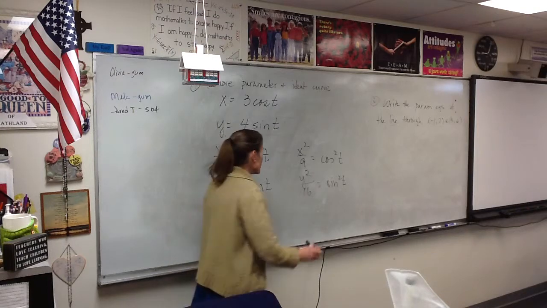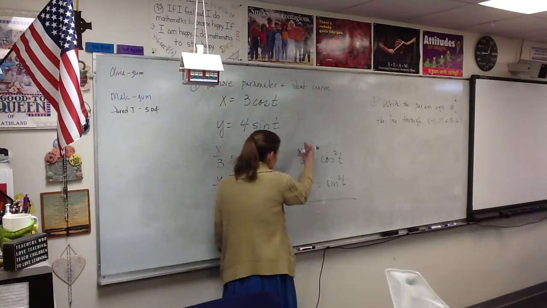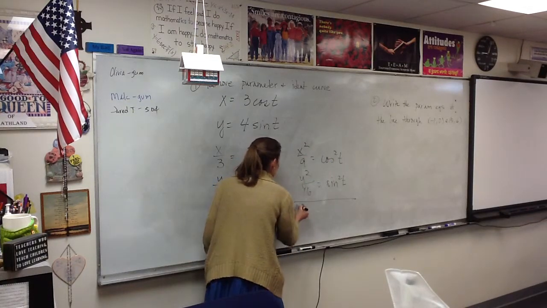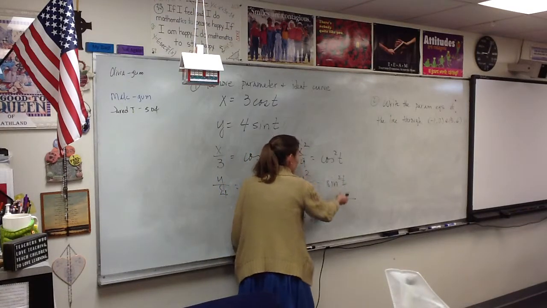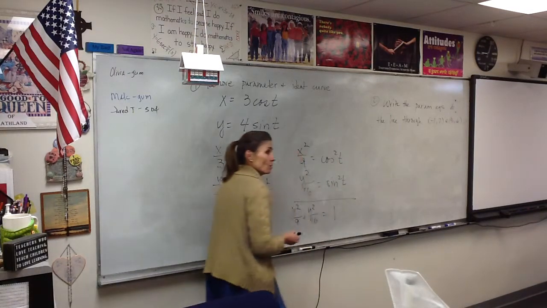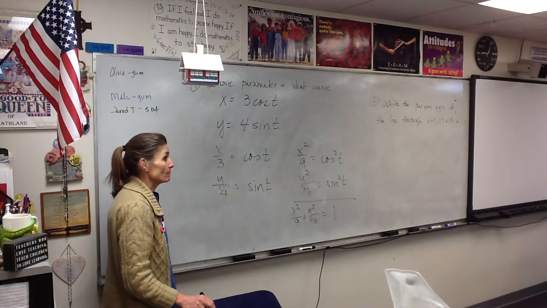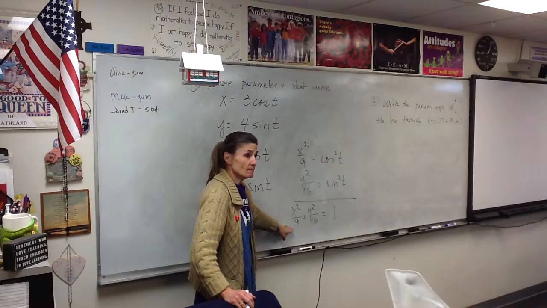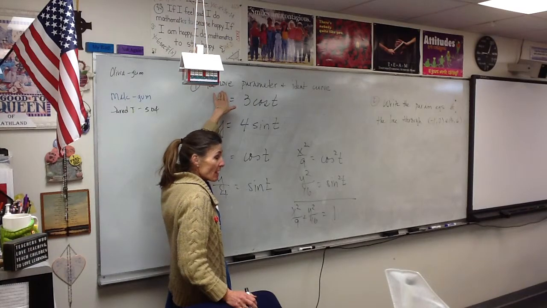When you add the left sides together and the right sides together, the left sides are x squared over 9 plus y squared over 16, and the right sides are just 1, because sine squared plus cosine squared is 1. Now, any t's left in this equation? No, so you have removed the parameter.